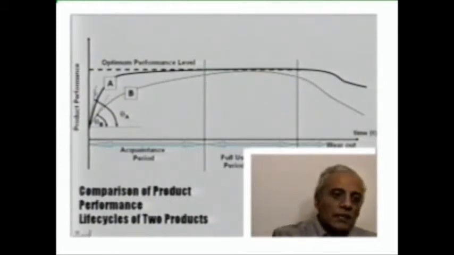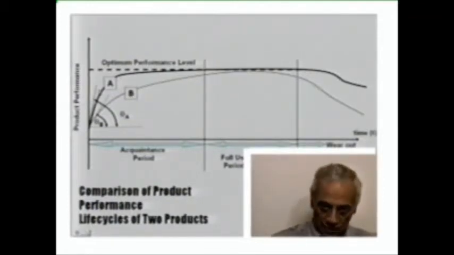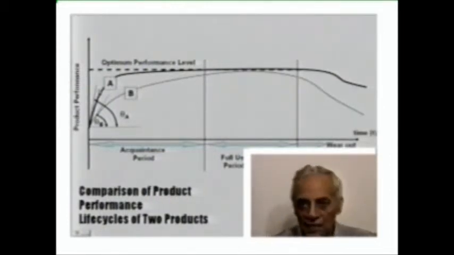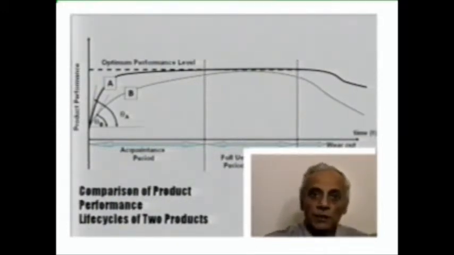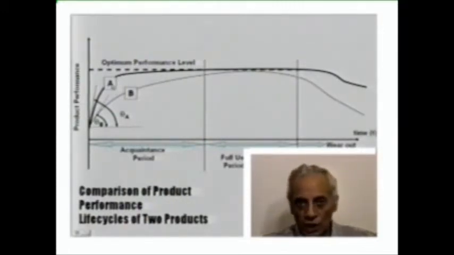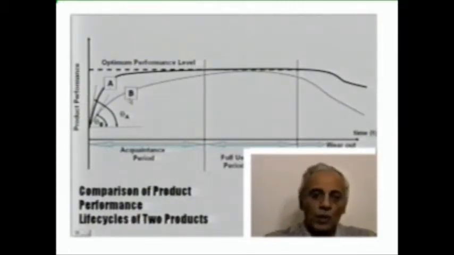You can see here that product A has a high learning rate in the acquaintance period, as demonstrated by the higher angle, meaning as soon as the consumer buys the product, they learn it so quickly because it has built-in features that are self-explanatory, that allow the consumer to understand the features very easily and to start to use it. While product B is much slower than product A. So we have two products. One is easy to learn, easy to use, with a higher rate of acquaintance, and the other one is slow.